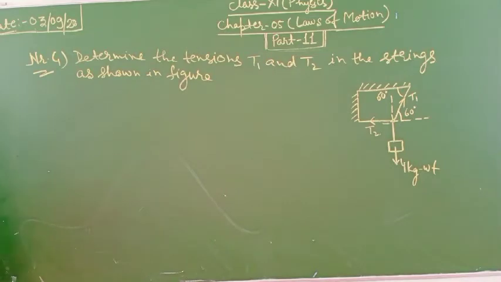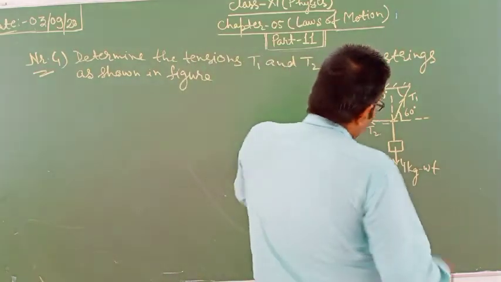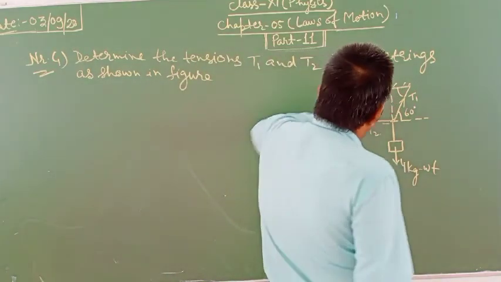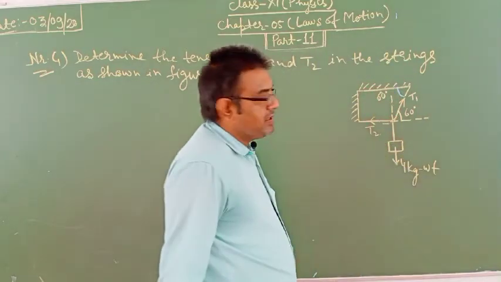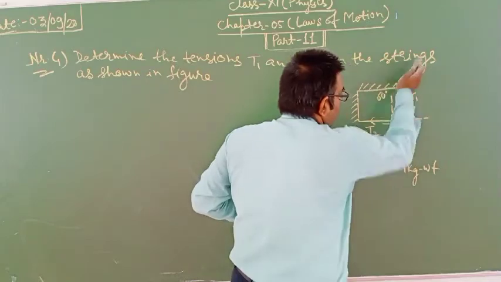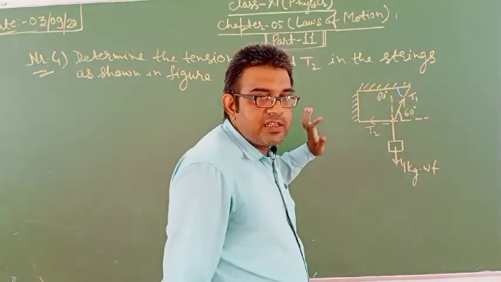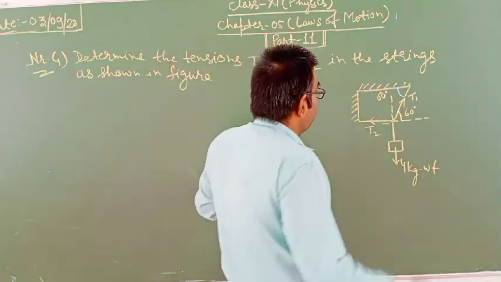In this question it is given as 60 degree. These are two horizontal lines and this is the transversal, so alternate angles are equal. So this 60 degree is equal to this 60 degree.